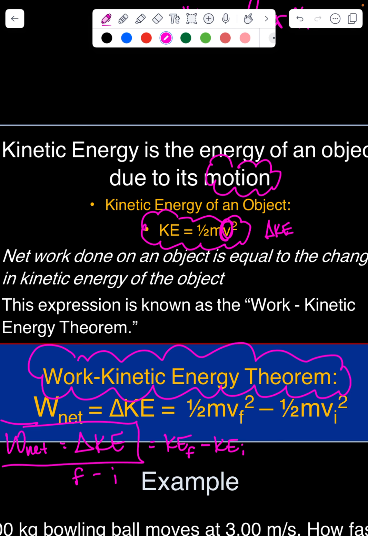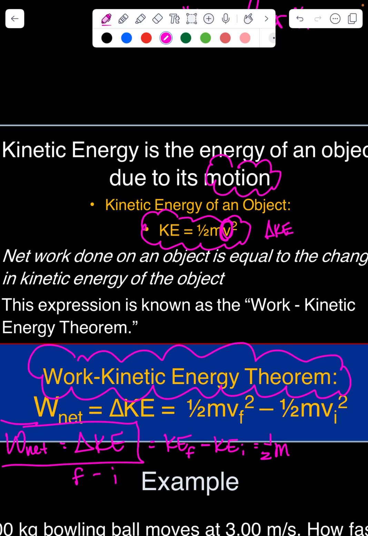Whenever we're changing this kinetic energy, most of the time it's not because the mass of the object changes. The mass of that car is not going to change. It's going to be because the velocity has changed. So kinetic energy is 1/2 mv squared, and it's not our mass that's changing.